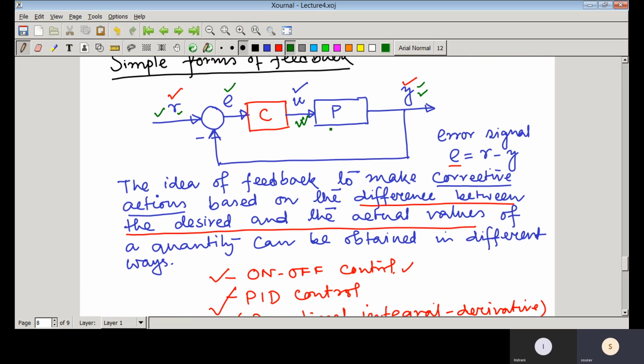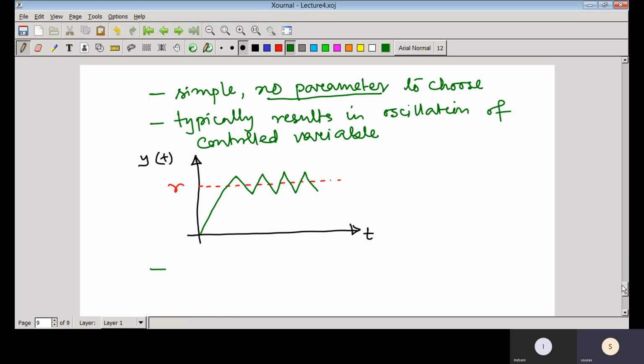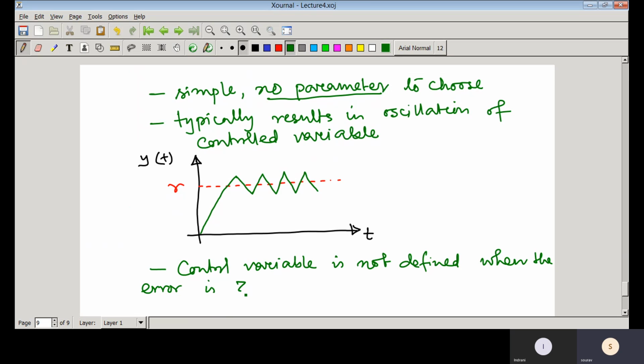This is one of the disadvantages of this control strategy, but as it is very simple, it is also an effective control algorithm. So one thing is that the control variable is not defined when the error is 0.